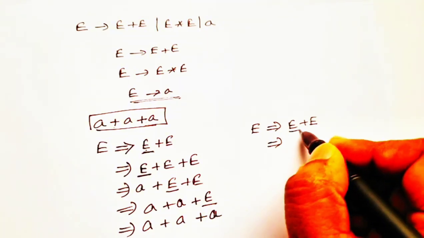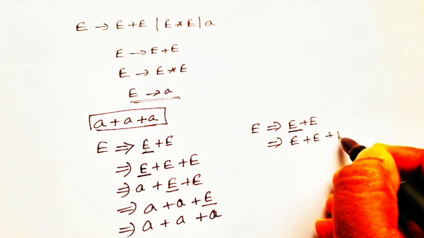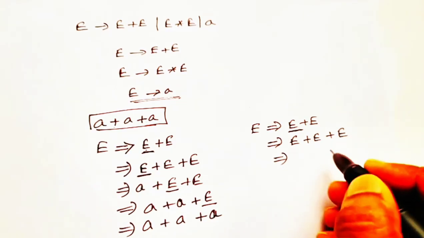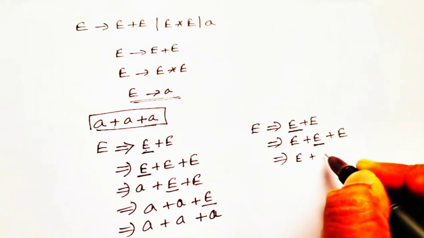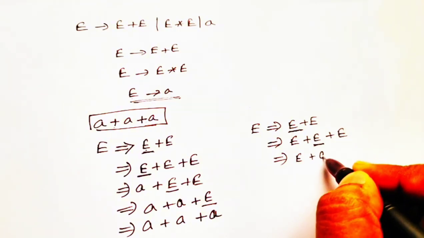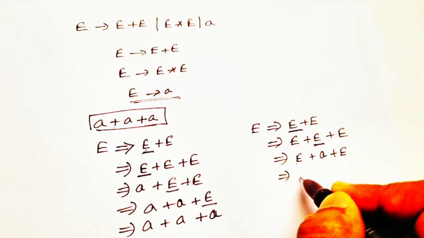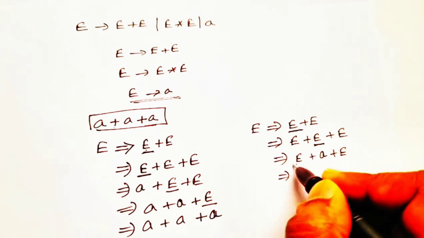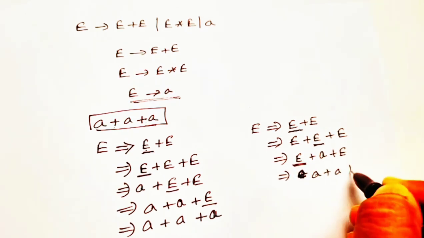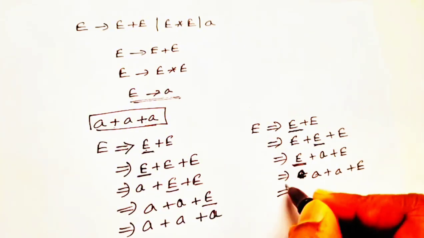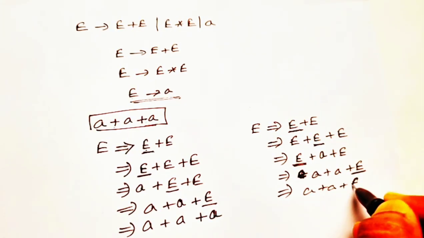Now, I will replace this non-terminal again with E plus E. Now, I can replace this one also first. With E goes to A, I am taking A. And then you may take this randomly. What I am getting? A plus A plus A. Next I will replace this. A plus A plus A.